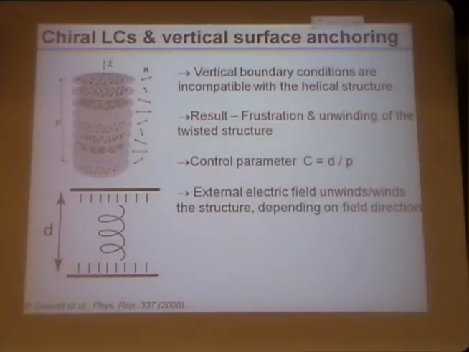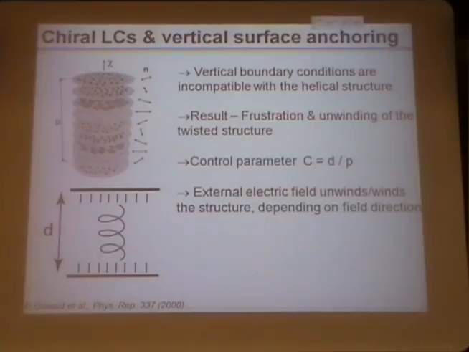So in this work, we will be using a cholesteric liquid crystal that has a pitch comparable to the thickness of the liquid crystal cell, and the cell boundary conditions are homeotropic, perpendicular, as depicted in here, so that the uniform cholesteric structure is totally incompatible with the boundary conditions, as you can see from this illustration.